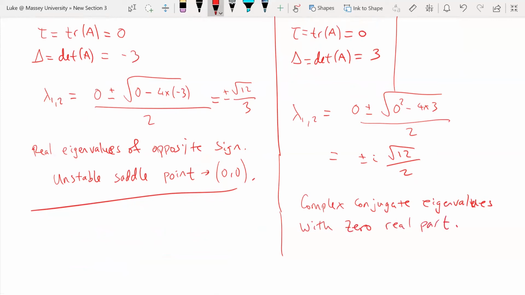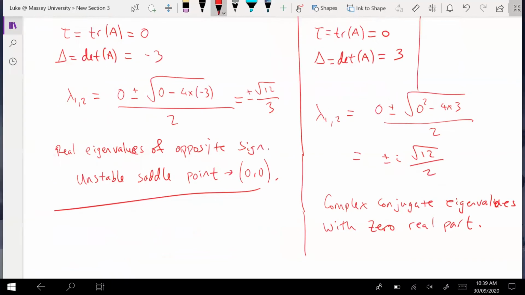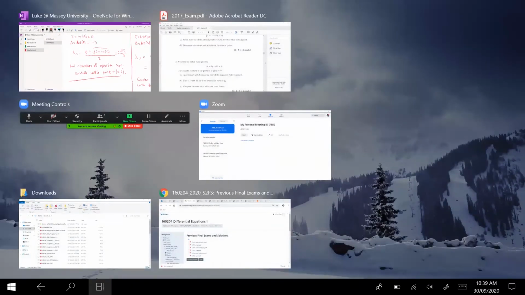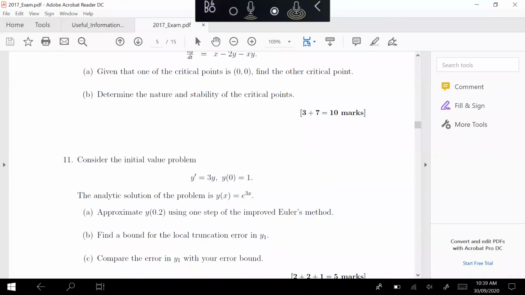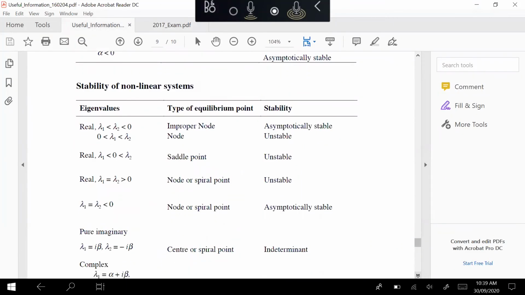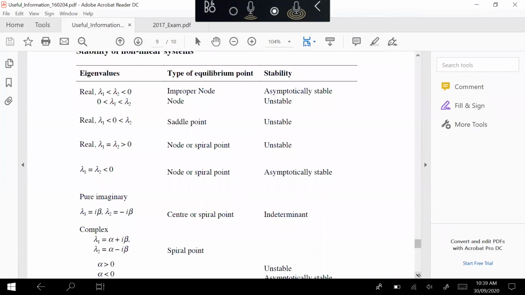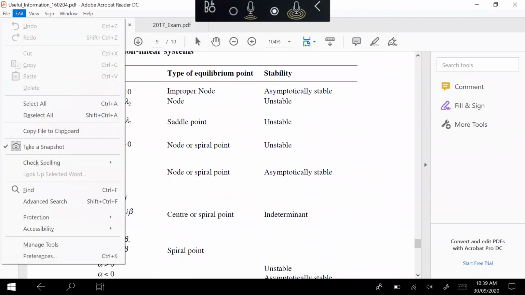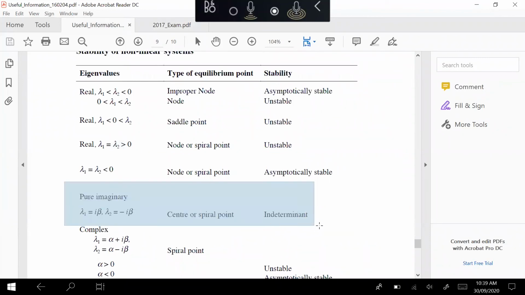Okay. So, actually, let's go and check our table of useful information for this one. So the stability of nonlinear systems has come down to this pure imaginary point here. The stability for these pure imaginary eigenvalues is indeterminate, and we have a center or a spiral point.